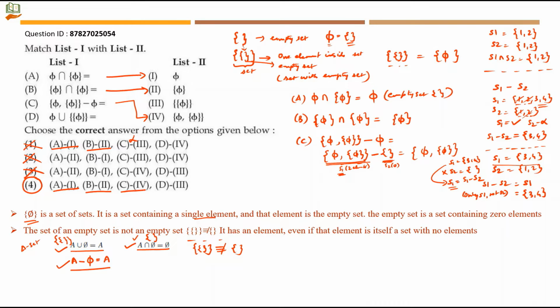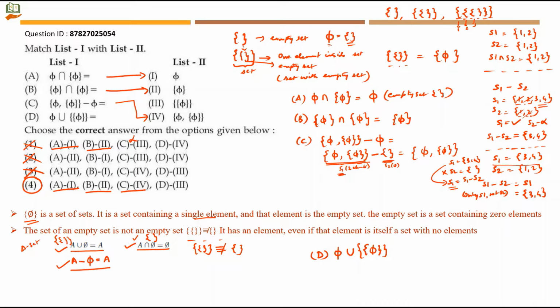Now let's go for D. Empty set union and empty set inside a set and inside a set. This is empty set. This is an empty set inside a set. Then what about this one? So there are 3 sets totally. Let's take this to be first set, this one as second set, and this one as third set.